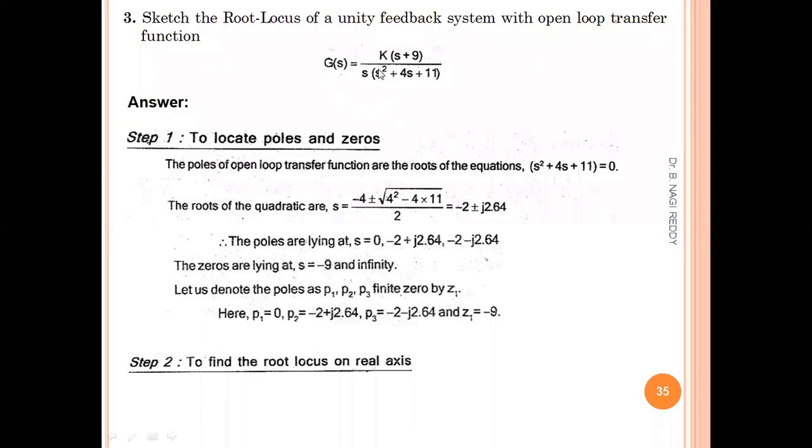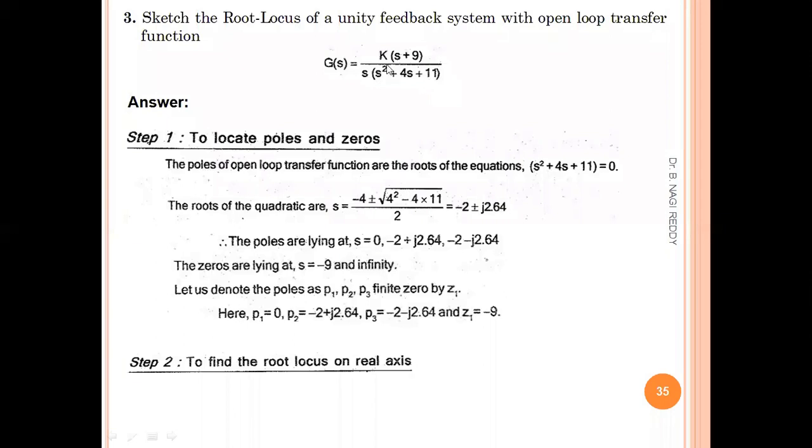Okay. And coming to the denominator, to calculate the poles we will use the denominator polynomial. Here s is there, which means s + 0, or simply s = 0, is one pole. The other polynomial is s² + 4s + 11.